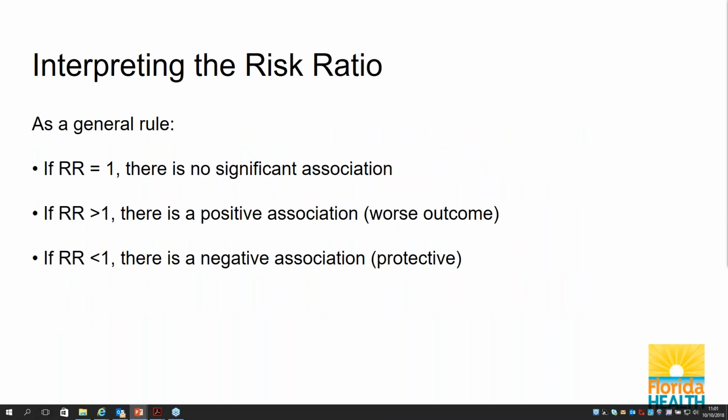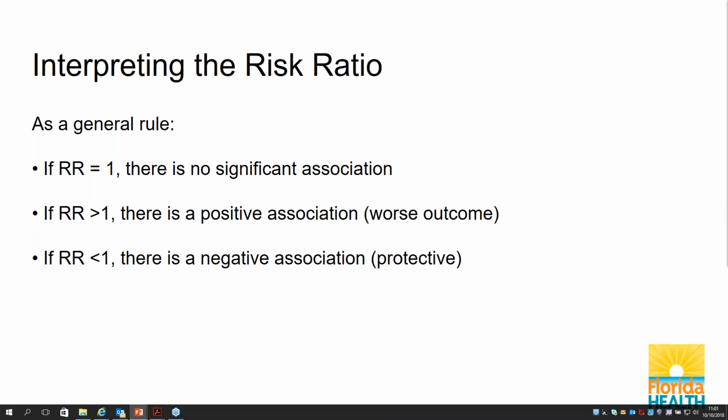Now, interpreting the risk ratio, if the risk ratio is equal to 1, there's really no significant association. If the risk ratio is greater than 1, then there is a positive association, meaning a worse outcome. And if the risk ratio is less than 1, there is a negative association, meaning that it is protective. So they'll find ways to ask you about risk ratios, and usually you're thinking, oh, if the number is higher, if it's positive, this is going to be a good thing.